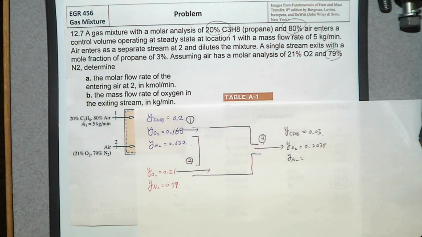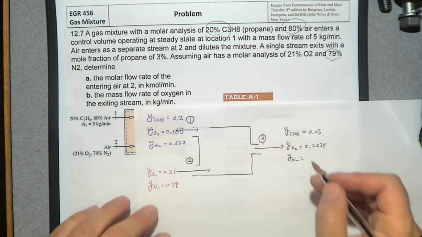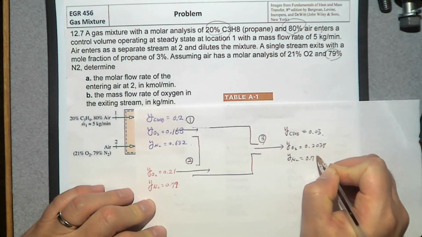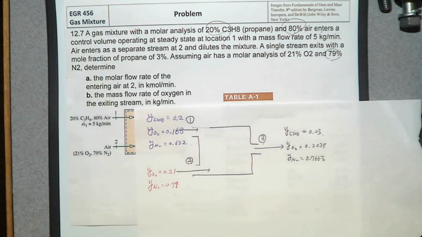So 0.79 times 0.97. So 0.7663. So these are the mole fractions at each inlet and the exit.